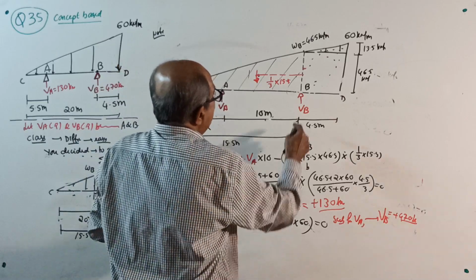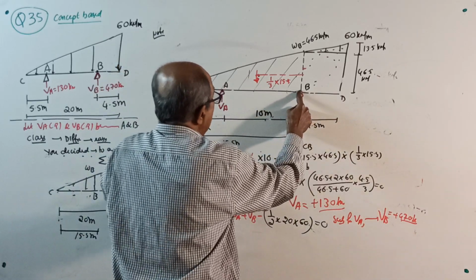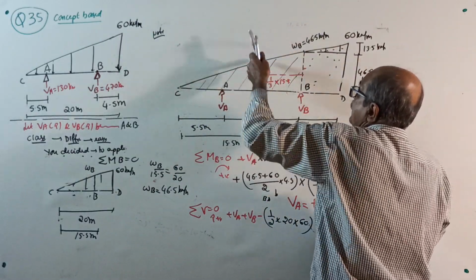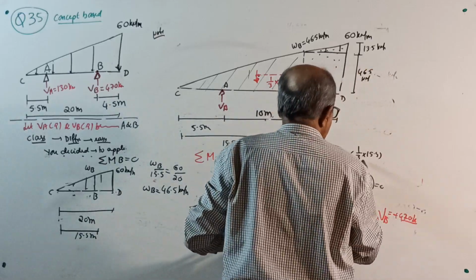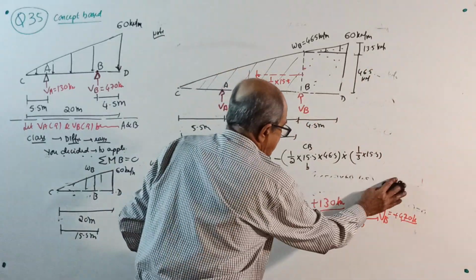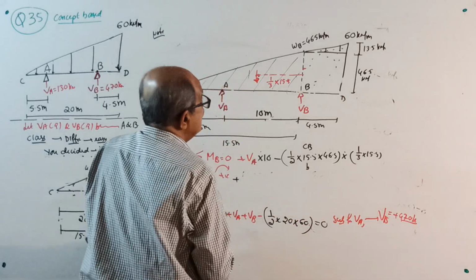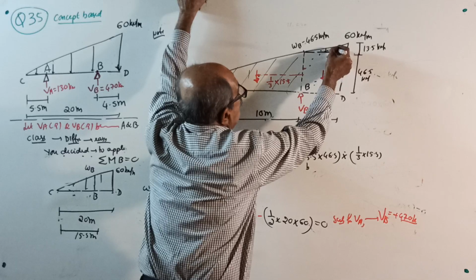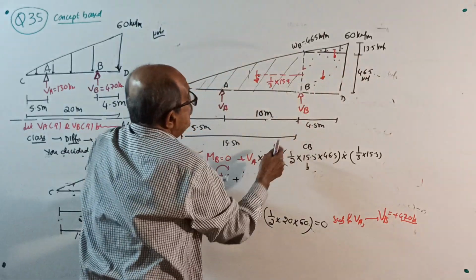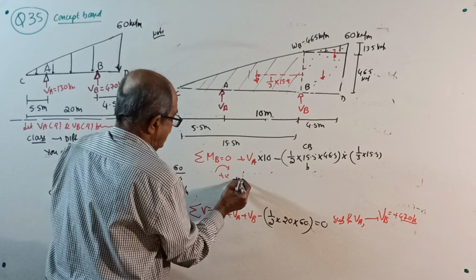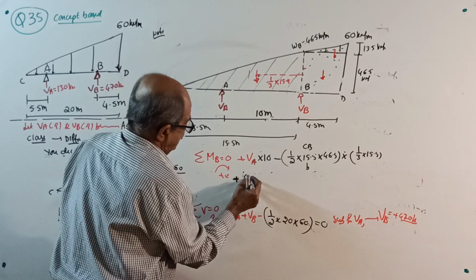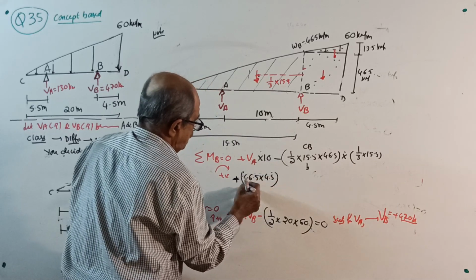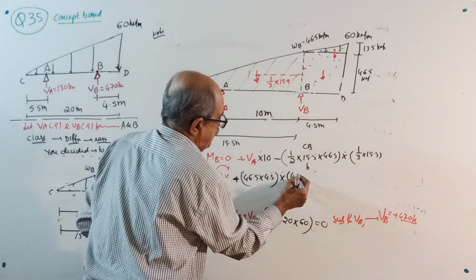Then if you take moment about B, see, plus VA into 10 minus this load into this distance remains the same, but here what you get? Here you will get clockwise. See, one load acting here at the center, one load acting here. This load is B to D. You should write B to D UDL plus 46.5 intensity into 4.5 is the total load, into 4.5 by 2.